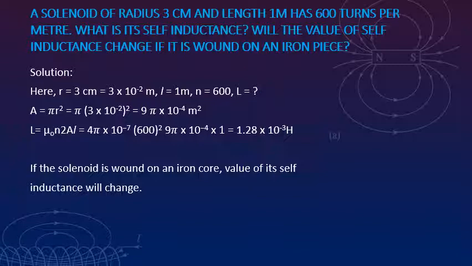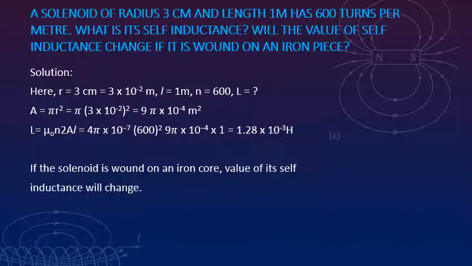So L is equal to 4 pi into 10 raised to minus 7 into 600 square into 9 pi into 10 raised to minus 4 into 1. On solving, we get it as 1.28 into 10 raised to minus 3 Henry.